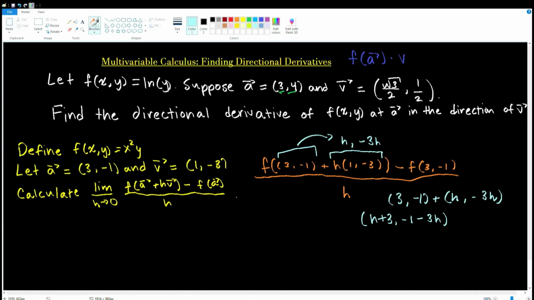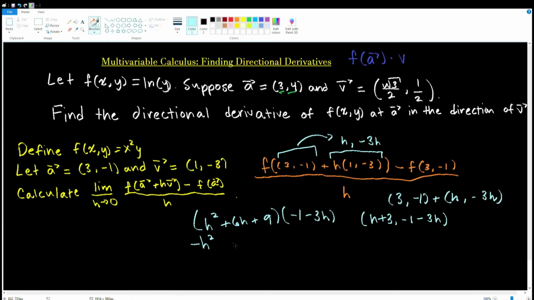And now we have to subtract f of a. First, it says f is x squared y, so that's what we can do. Since h plus 3 is x, we can do x squared. So h plus 3 squared will be h squared plus 6h plus 9, right, times y, so we multiply all of this by negative 1 minus 3h. Negative 1 times h squared is negative h squared.